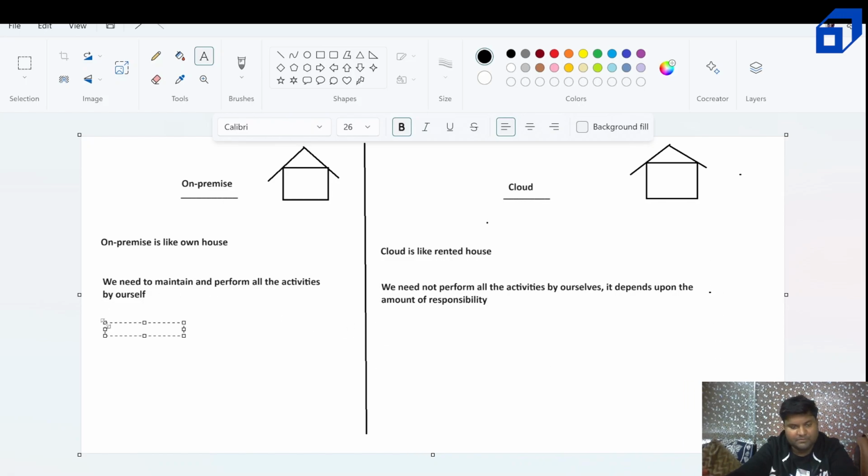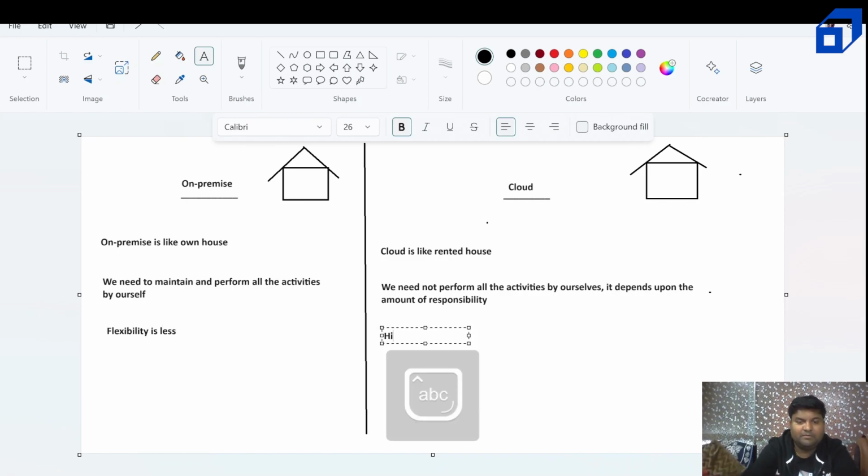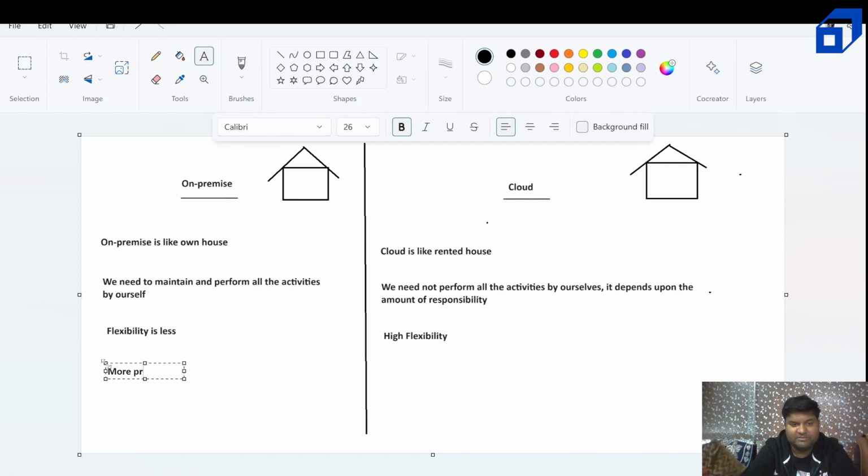Okay, flexibility is less, high flexibility, more security, I can say more privacy because it's my own house.